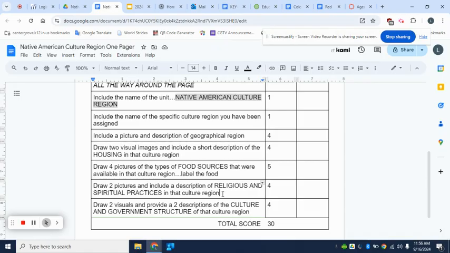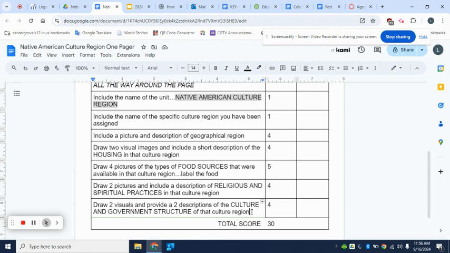The next requirement is to draw 2 pictures and include a description of the religious and spiritual practices in that culture region. Okay, so you would want to include 2 pictures of what those religious and spiritual practices look like, and include a description on how Native Americans practice their religion or their spiritual practices. That requirement would give you 4 total points.